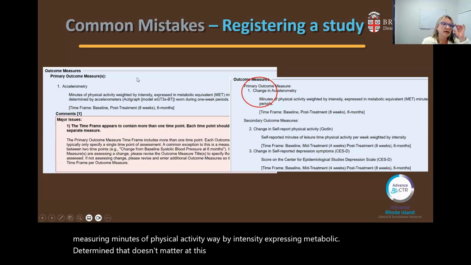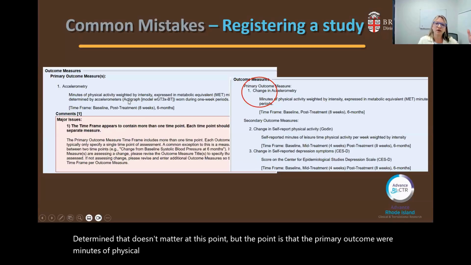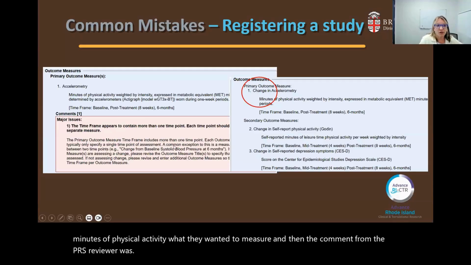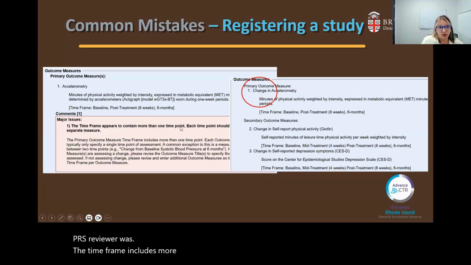But the point is that the primary outcome was minutes of physical activity. What they wanted to measure, and then the comment from the PRS reviewer was the time frame includes more than one time point: baseline, post-treatment, 6 months.